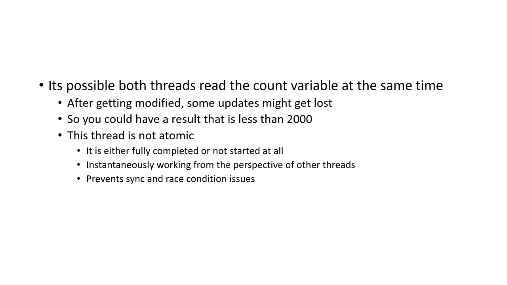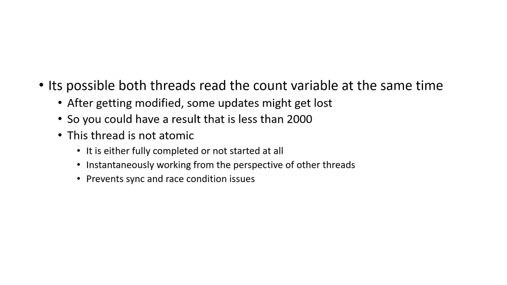It's instantaneously working from the perspective of the other threads, and it's preventing syncing and race condition issues. So essentially, atomic means that either something's fully completed or not started at all. So those threads are not atomic in that one is not waiting for the other one to finish necessarily.